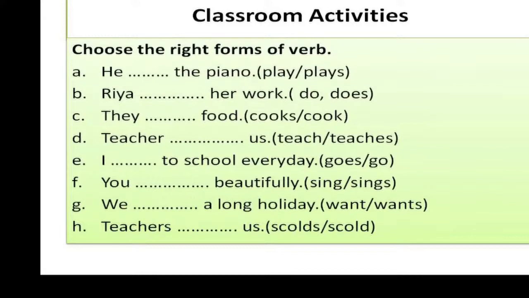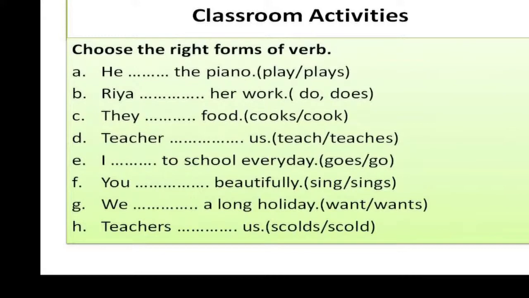At first, identify which is verb 1 form and which is verb 5 form. I gave a clue also, isn't it? When you have to identify verb 1 and verb 5, wherever there is S or ES, that will be what? Verb 5 form. Now see in A number, verb 5 is which? First one or second one?